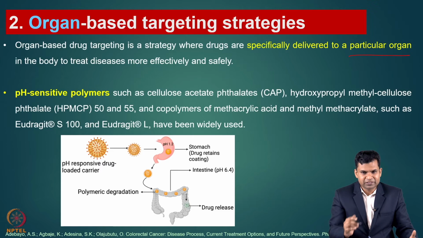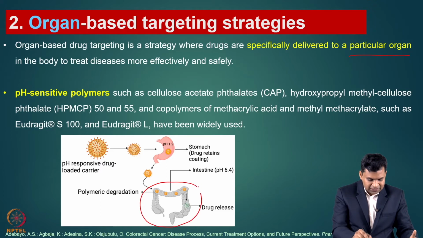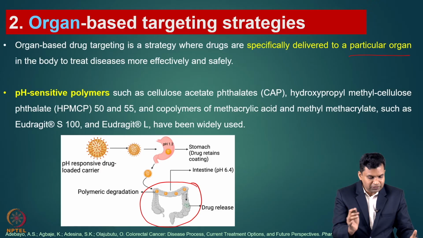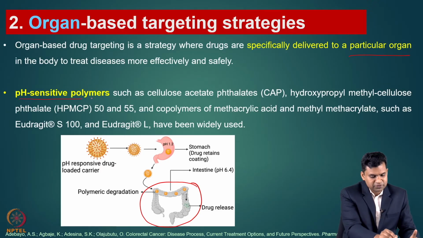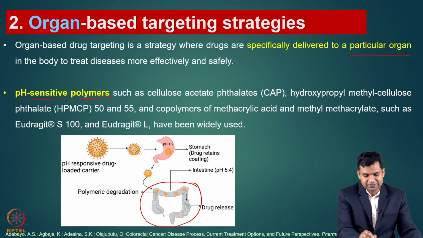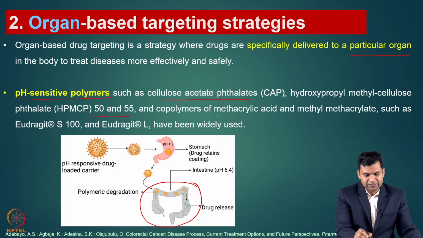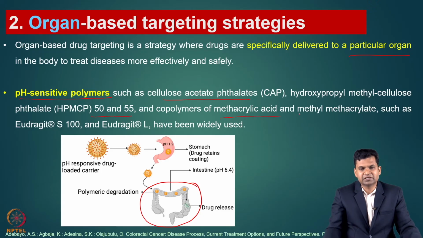For example, here you can see this is the colon, right. If you want to target this system, you have to select the right material, so that the material will reach the particular cells. Here you can see the pH sensitive polymers we can use, for example, cellulose acetate phthalate, hydroxypropyl methyl cellulose phthalate, and then copolymers of methacrylic acid and methyl methacrylate.